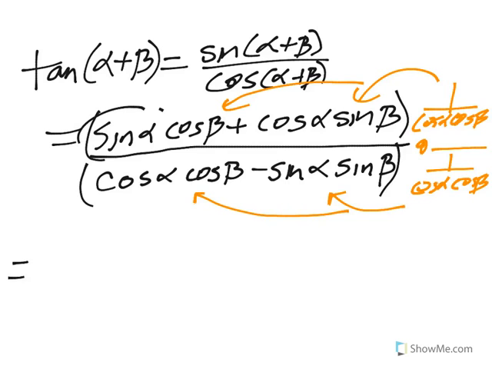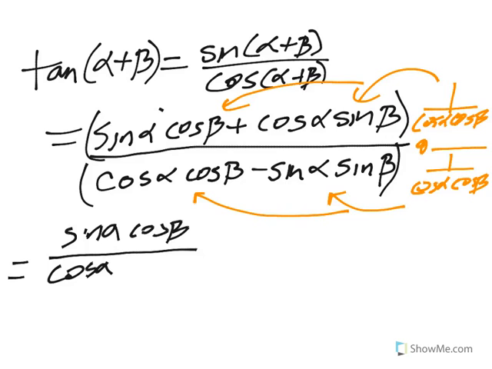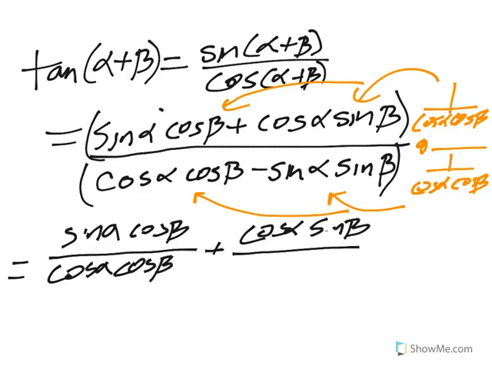So when it hits this first guy, I get sine alpha cosine beta, which was what was there before, times 1 over cosine alpha cosine beta. Then it hits the next term, which had cosine alpha sine beta, times 1 over cosine alpha cosine beta.